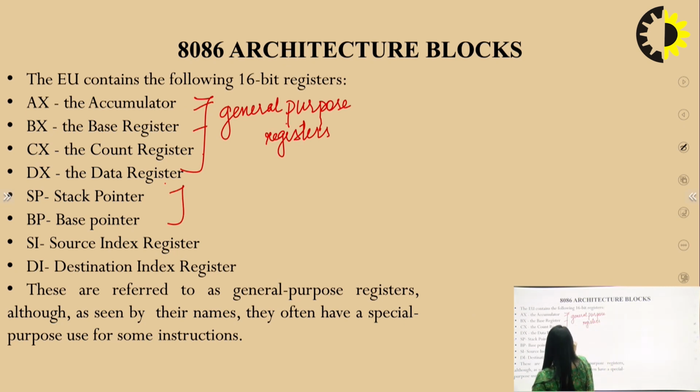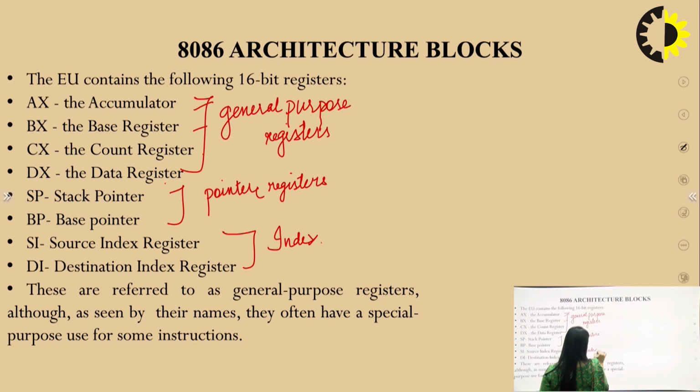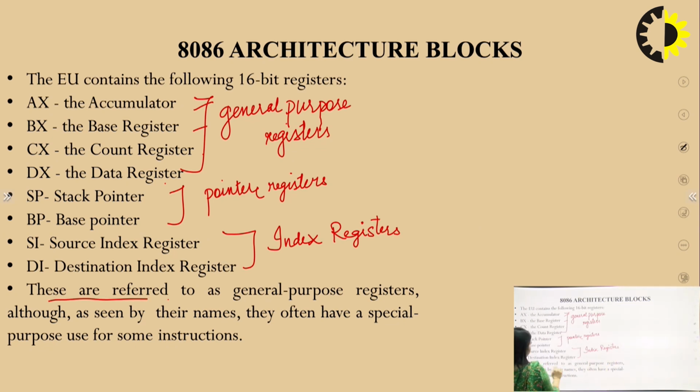These are pointer registers, and these two are index registers. These are referred to as general purpose registers, all these, and these are special purpose registers.